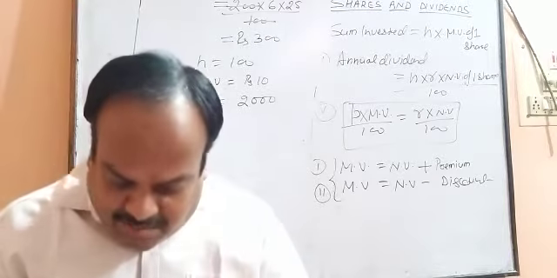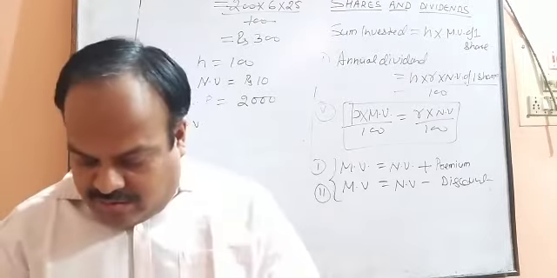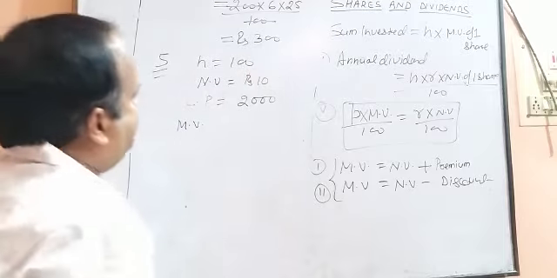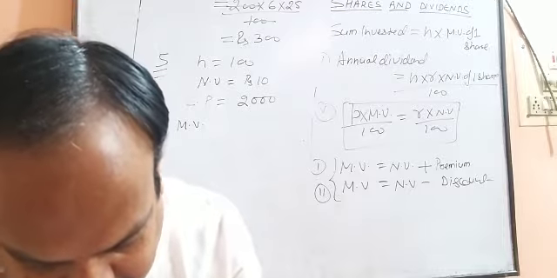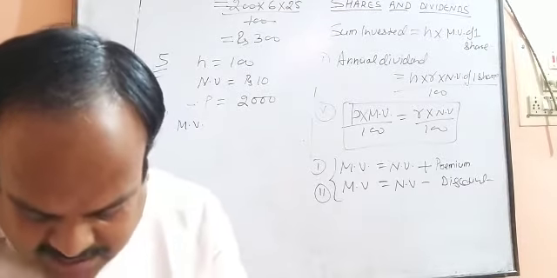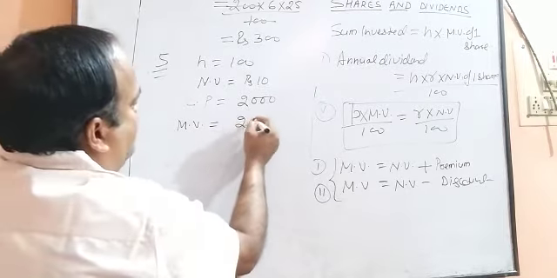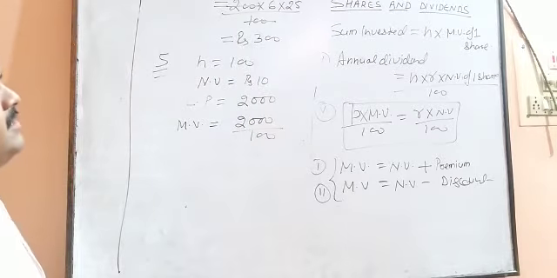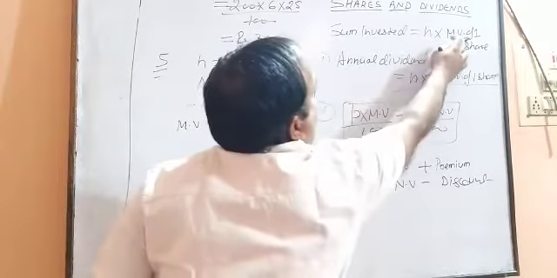The question has a little bit of confusion. Write down the market value. So market value is equal to 2,000 divided by the number of shares, 100.